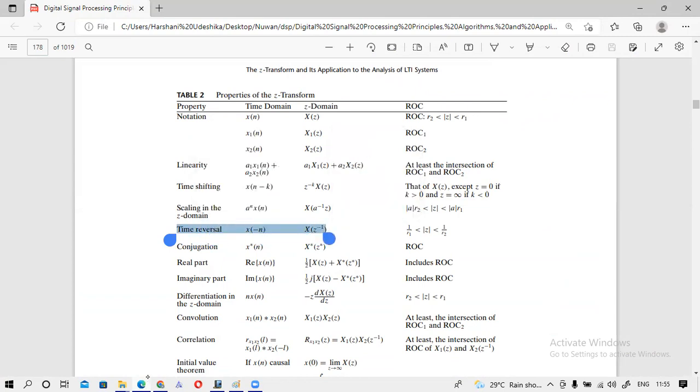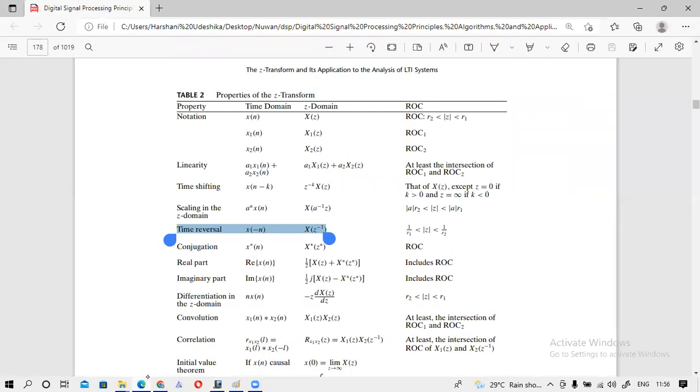So what it means is that if it is time reversed, in the z domain it will also be reversed.